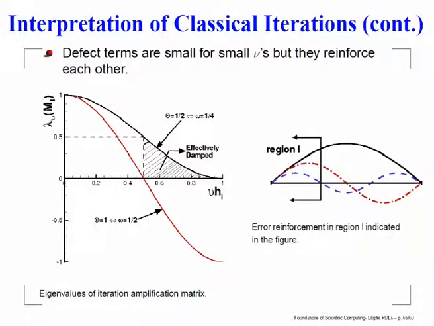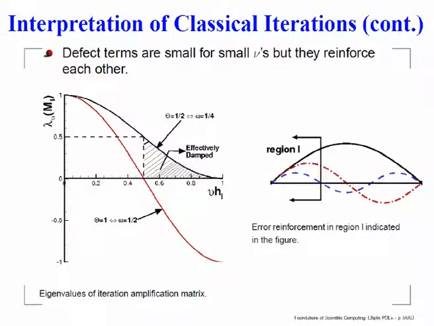Error appears together. So if I take any arbitrary error, after say a few levels of iteration, I find that in this region, in this part, all of them add up. So I get a kind of errors peaking up in this region. In the other part, it has some mutual cancellations.